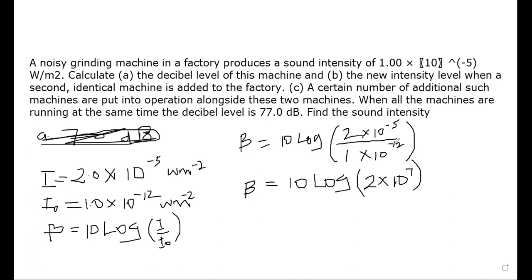Then from indices, here we'll have 10 to the power minus 5 minus minus 12, which gives 10 to the power minus 5 plus 12.